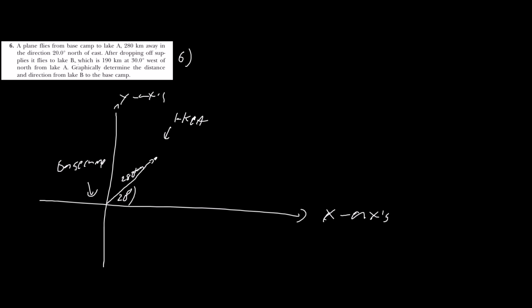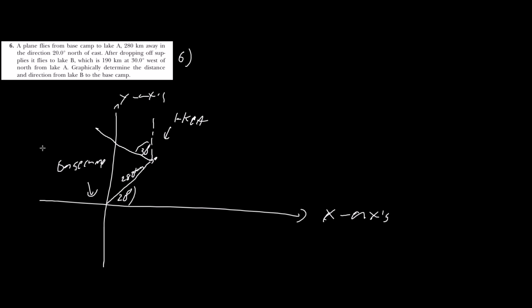And after dropping off the supplies, it flies to Lake B, which is 190 kilometers west of north. So, west of north, I think it's like this, 30 degrees. I know I'm exaggerating a little here, but 30 degrees west of north, somewhere right there.